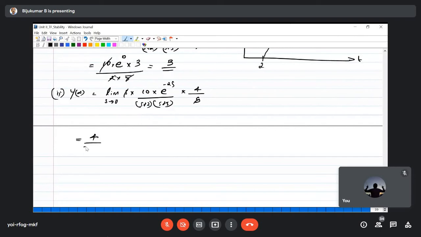So now, how will you draw the waveform? In this problem, already the plant is having a delay. What is the time delay? 2 seconds. Again, you are feeding a step signal with the delay time of 6.